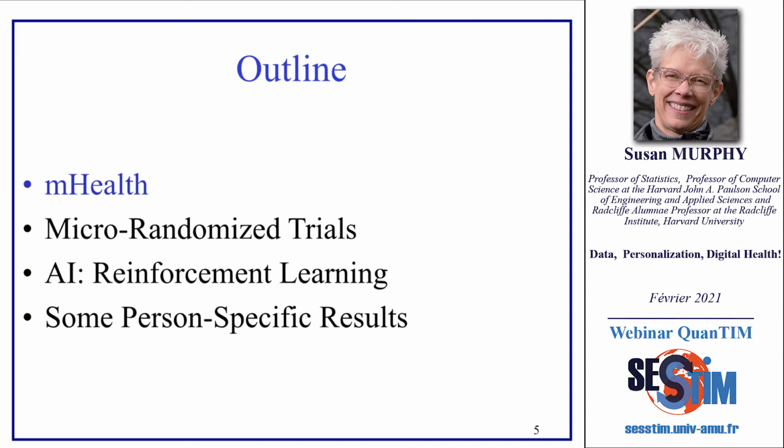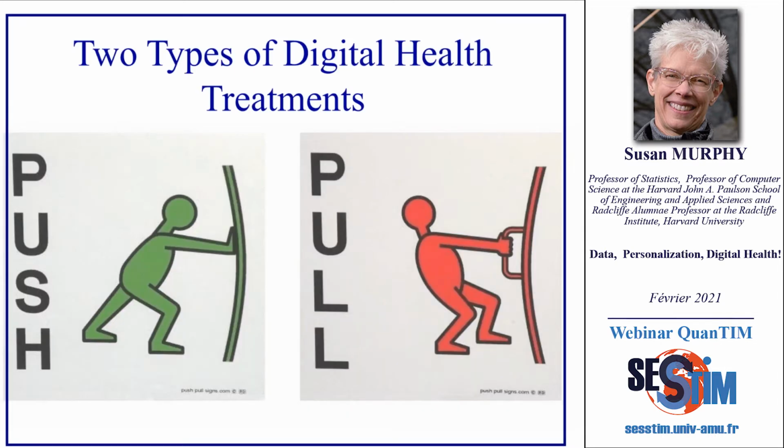First, I'll give a brief introduction to mHealth, so that everything is clearer. There are two types of treatments that one encounters when delivering treatments with a mobile device, such as a smartphone, an iPad, or a wearable. One is called a pull.